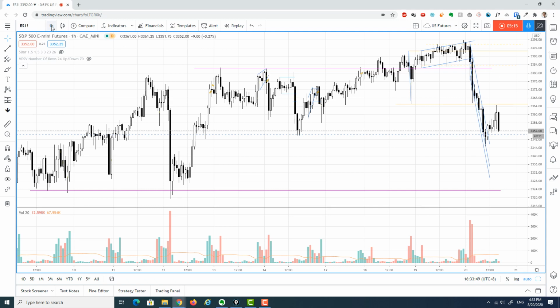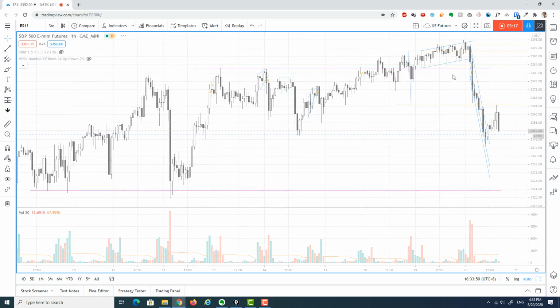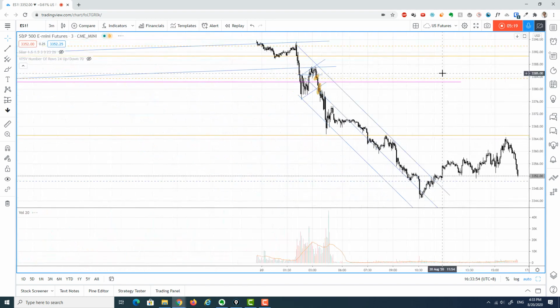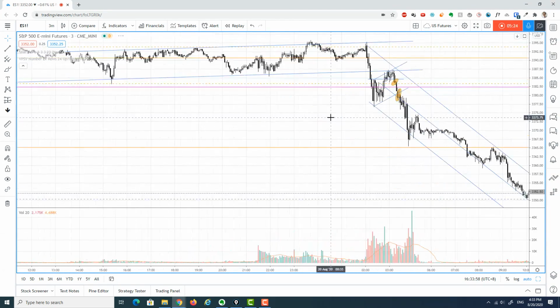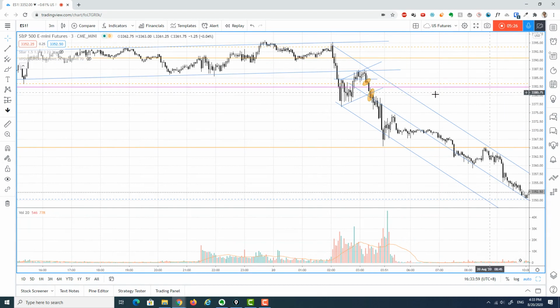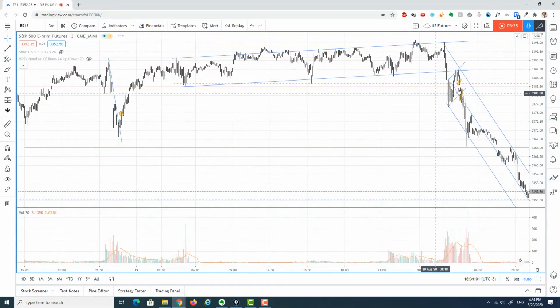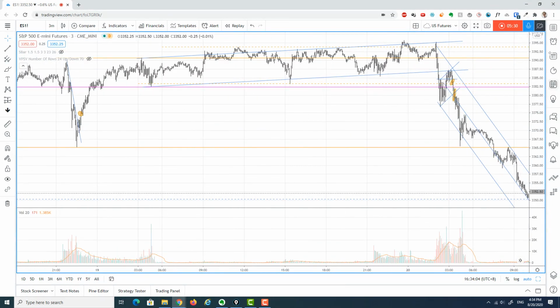So let me get down to the 3 minutes chart, because if we look closely, this 3 minutes chart actually reveals quite a lot of things. First of all, you have seen that I have drawn out this upsloping structure.